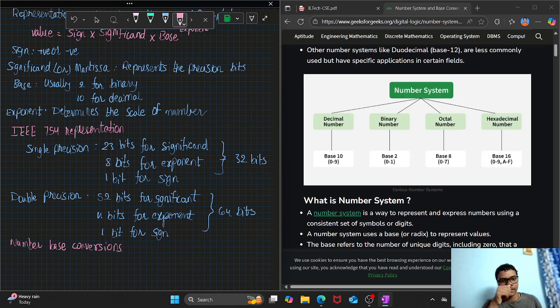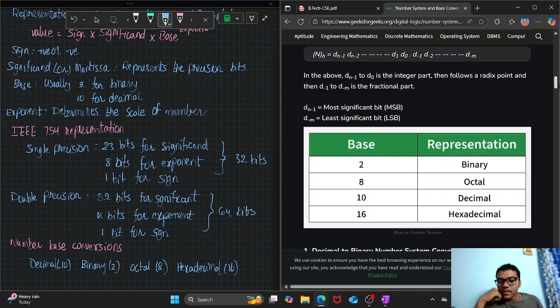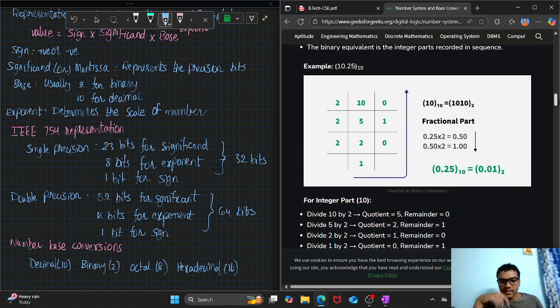Decimal is base 10. Binary is base 2. Octal is base 8. Hexadecimal is base 16. And this is all theory. I think we can write this. Let's look at the conversions.